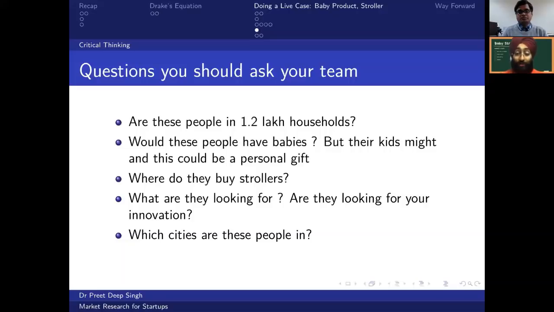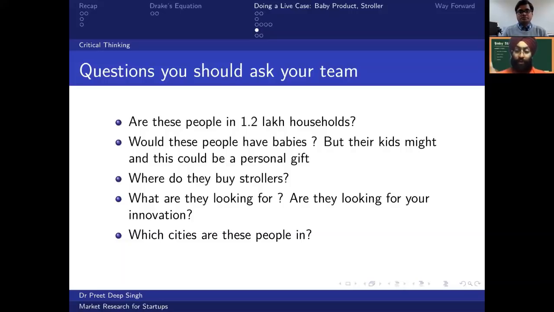So you know that there are 1.2 lakh individuals who are earning this money. Where are these people? Now, I can tell you off the top of my head, without any research, I think a lot of these people are probably staying in metros.